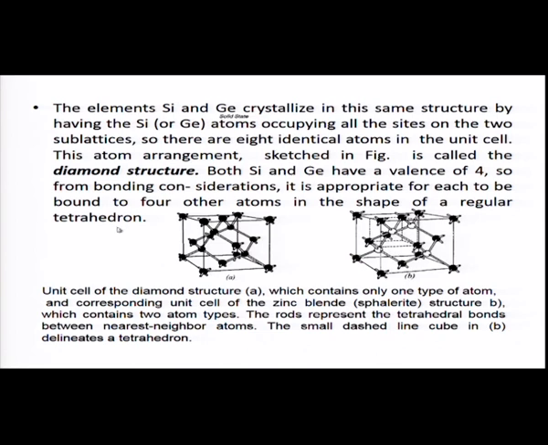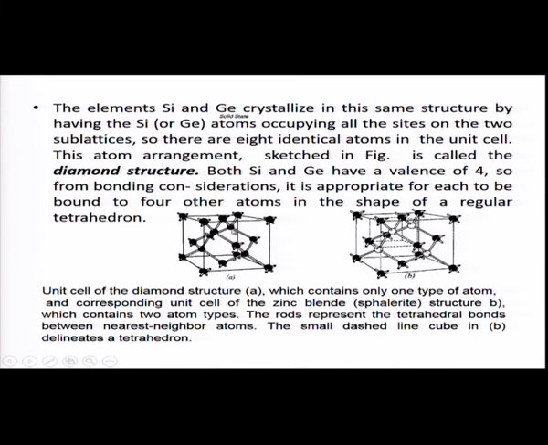I have shown the different kinds of diamond structures. The first one is the unit cell of the diamond structure, which contains only one type of atom. The corresponding unit cell of the zinc blende structure is B, which contains 2 atom types.